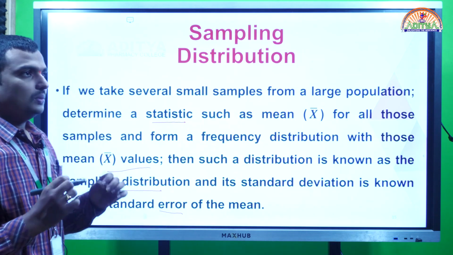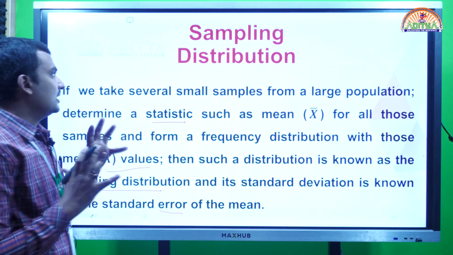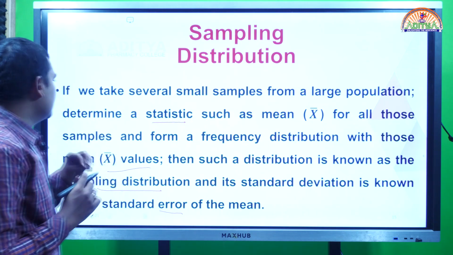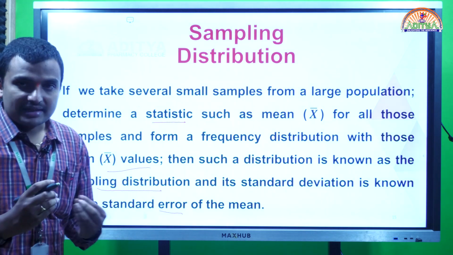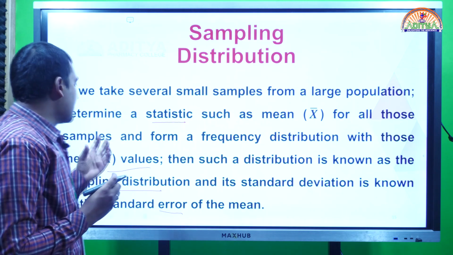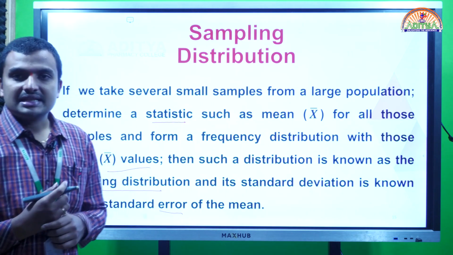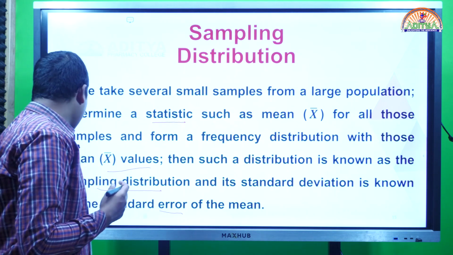So the sampling distribution mainly represents the sample characteristics, and the standard deviation of this sampling distribution is known as the standard error of the mean.